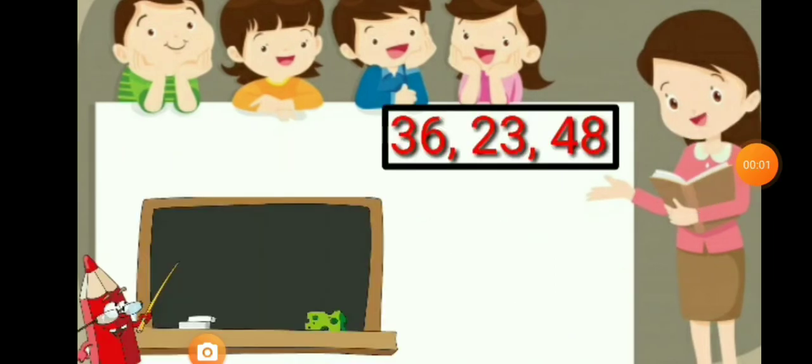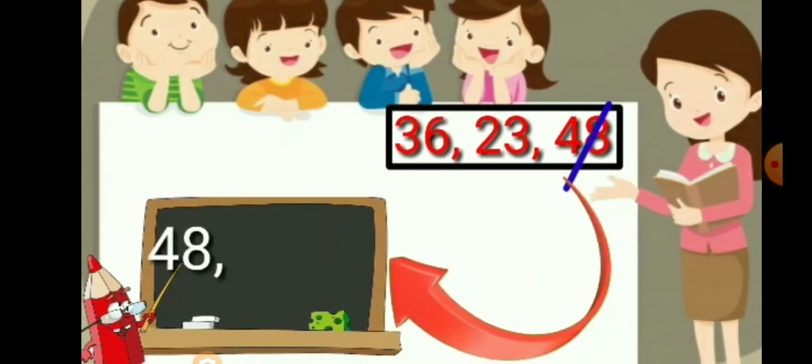Let's understand descending order with an example. Descending order means bigger to smaller. The numbers given here are 36, 23 and 48. So the biggest number here is 48. We will write it down first.